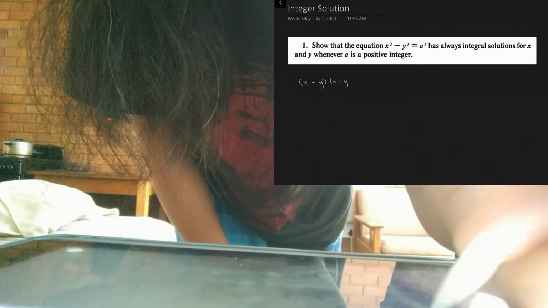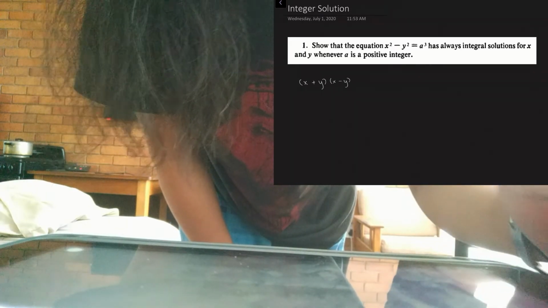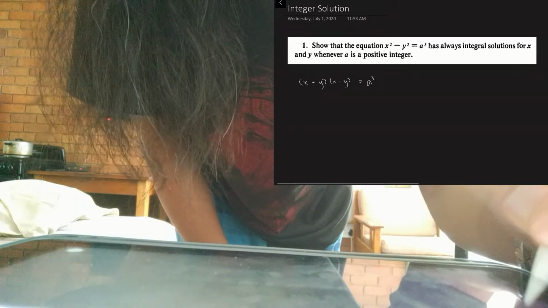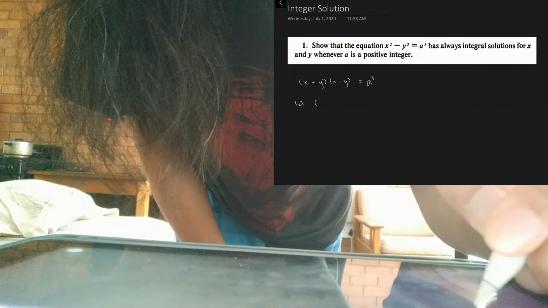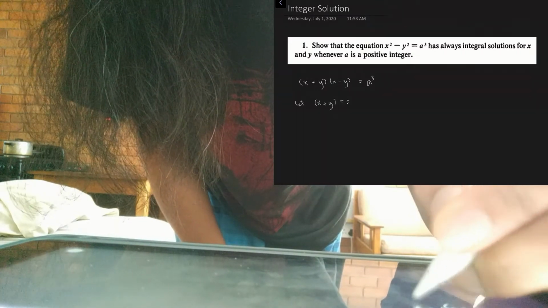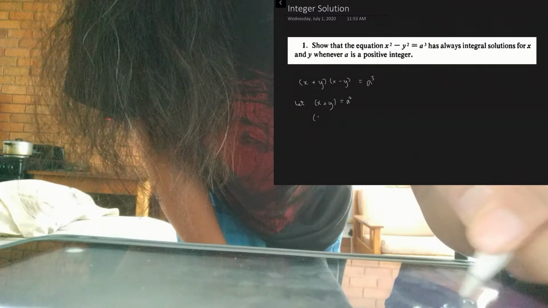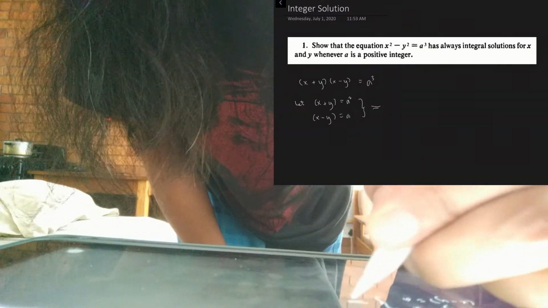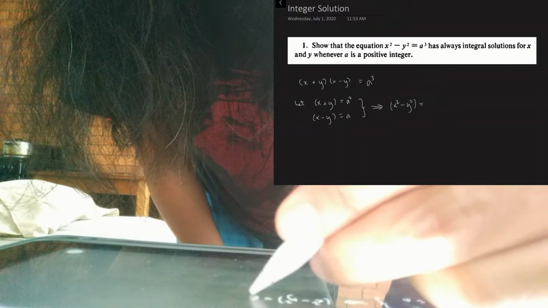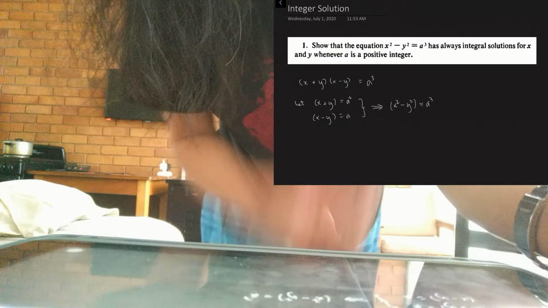We can write that as (x plus y) times (x minus y) equals a cubed. Let's say x plus y equals a squared, and x minus y equals a. Of course, if you multiply them, this implies x squared minus y squared equals a cubed, which is what we are given here.